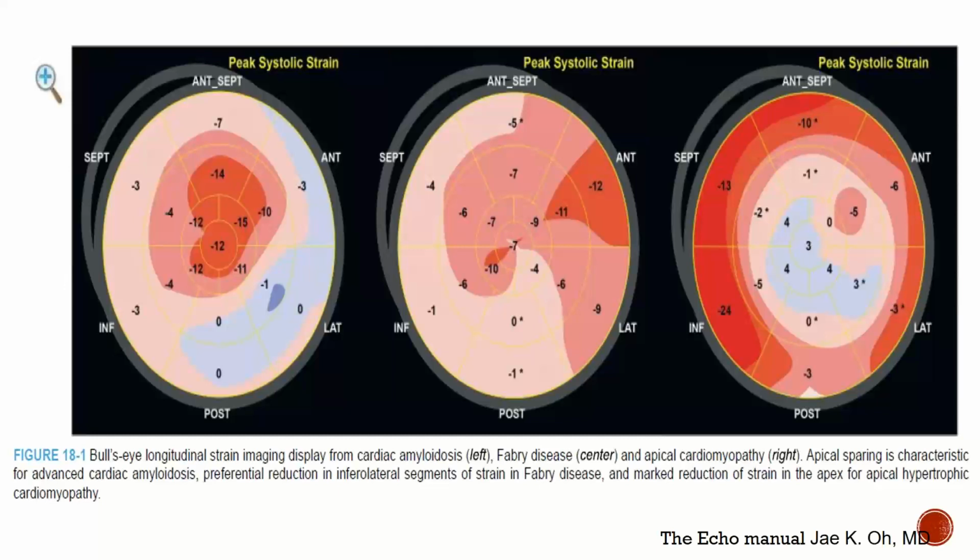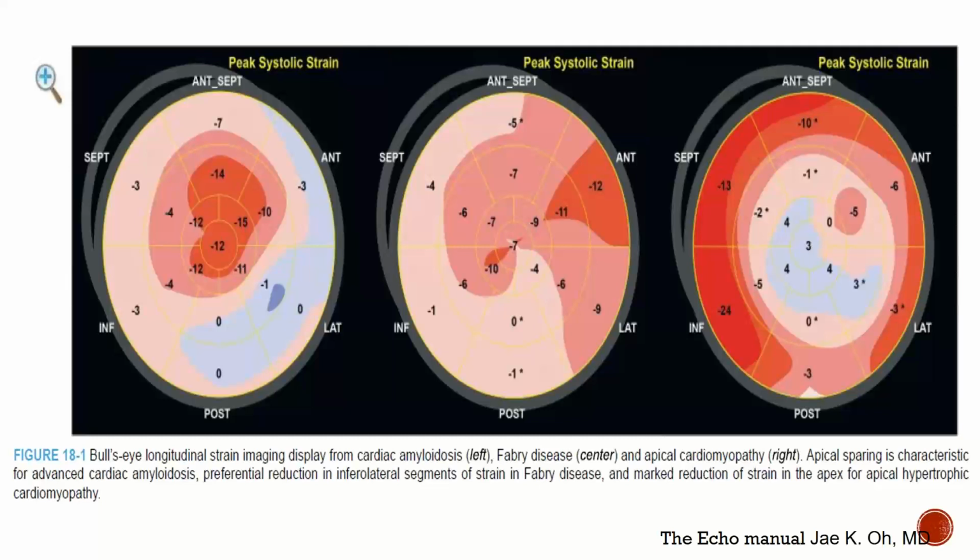The infralateral segment is usually the first area to become fibrosed in these patients, so it's mostly affected by the disease. As we saw in the previous images, there was thinning and scarring of the infralateral segment; it was spared from hypertrophy but was more fibrosed.